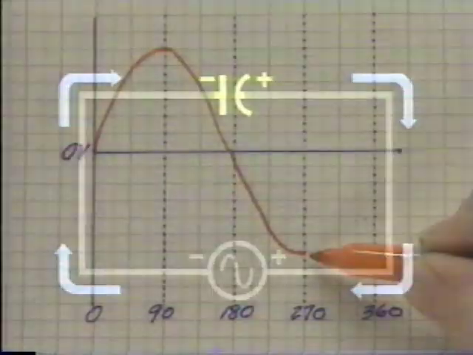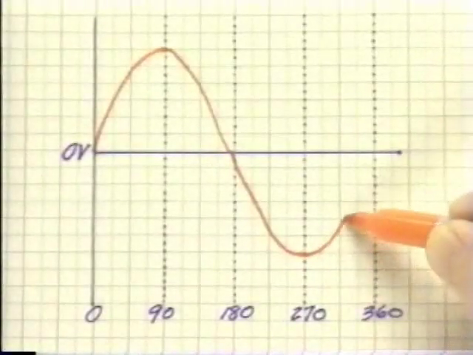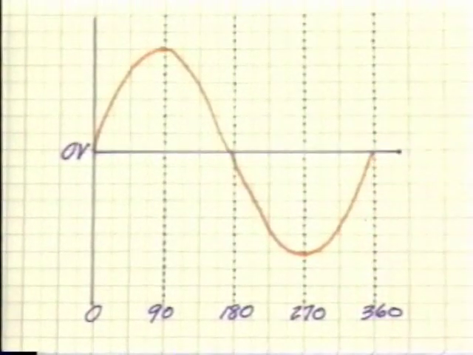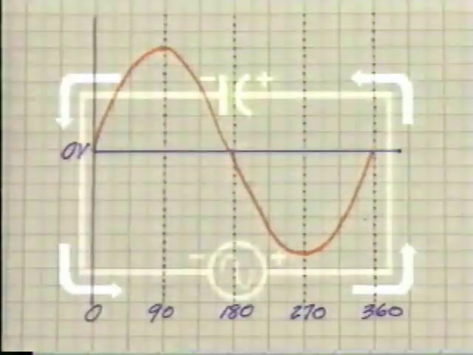Charging current will flow until the capacitor reaches the peak voltage of negative 170 volts. During the fourth quarter cycle, the AC voltage drops off, moving back towards 0. And so, during the last quarter cycle, the capacitor discharges to reduce its voltage and follow the source voltage. The discharge current will flow until the source and capacitor voltages are zero at 360 degrees.